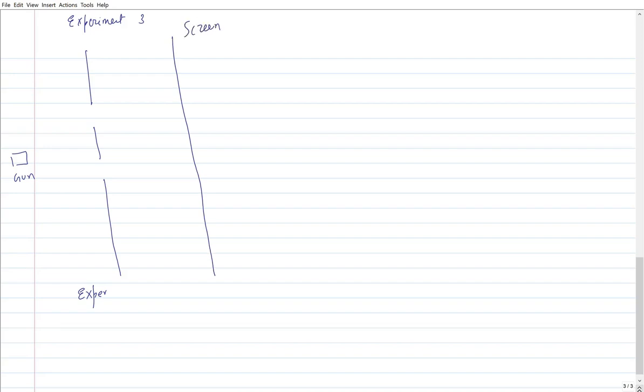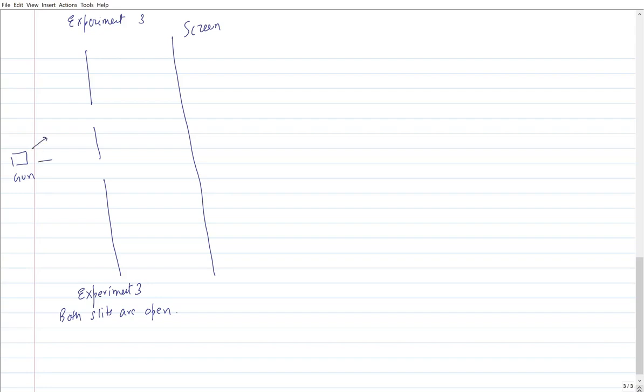Now, my experiment 3 would be, I open both the slits of the double slit experiment. I have a gun. Experiment 3. I have a screen. Both slits are open. And well, what do I get?